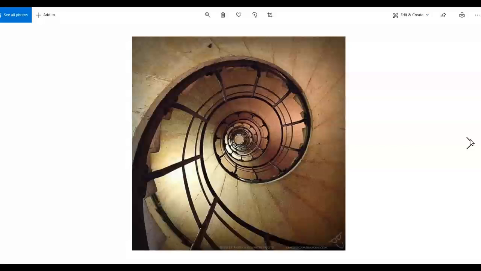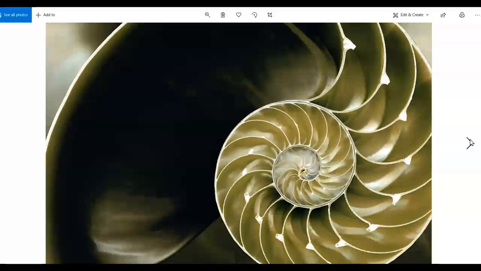This is the stairway in the Arc de Triomphe in Paris. Artists and architects have used this same sequence because they think it is the perfect, most beautiful ratio. And here it is, a cross-section of a nautilus shell.